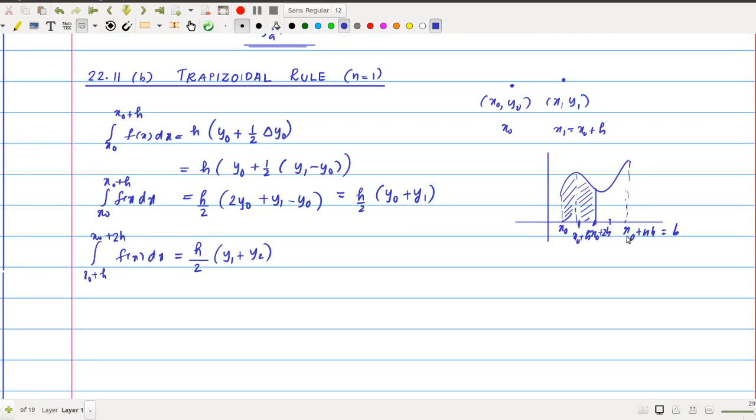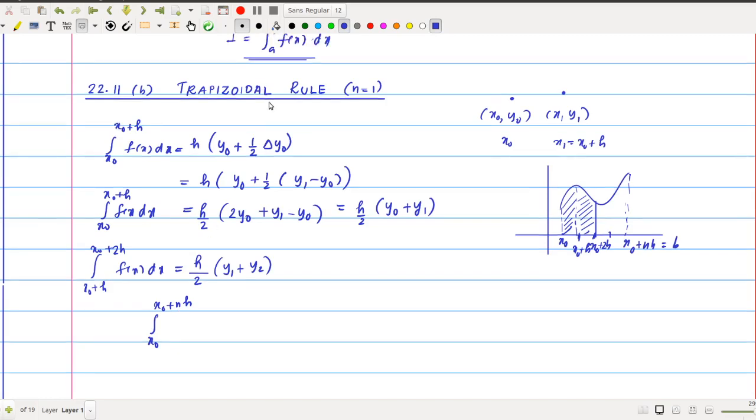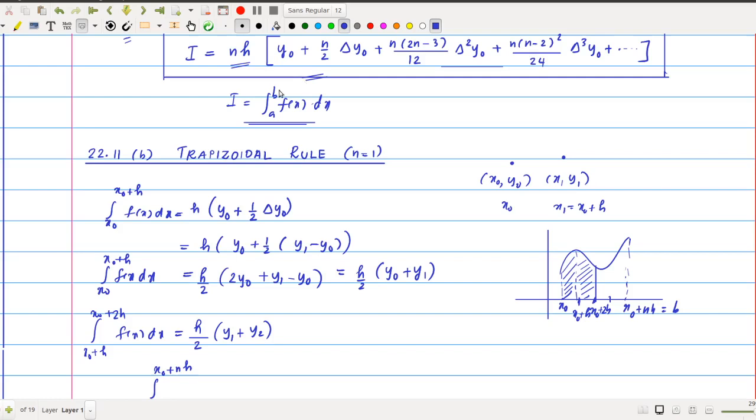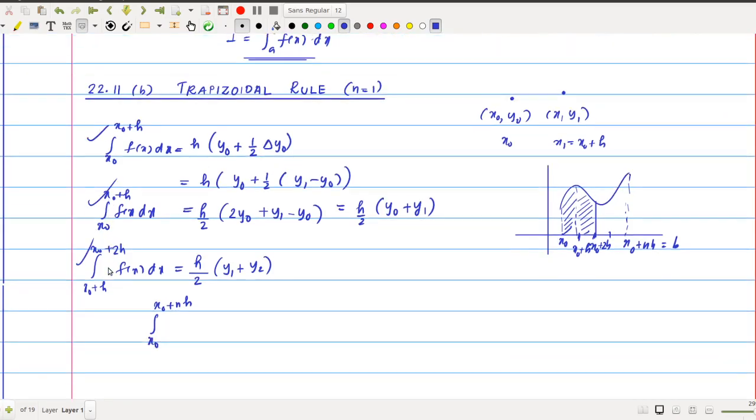Okay, if you perform all these integrals, you can finally sum up all of this. By putting n is equal to 1 in the previous formula, you can get these integrals, and summing up all these left sides, you will get the integral from x0 to x0 plus nh.